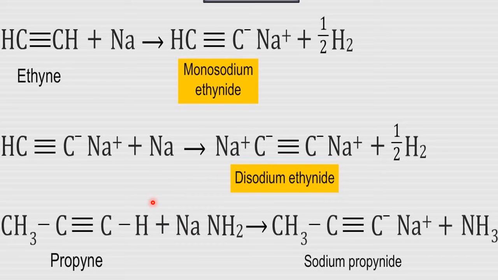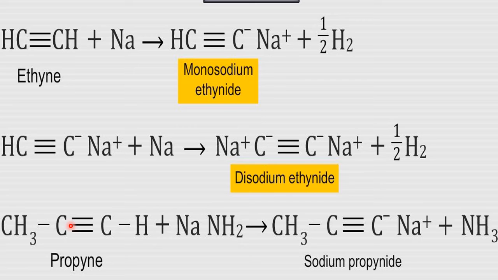But remember, when you compare propyne with ethyne, which is more acidic? This is more acidic. Why? Because this has to pull electrons, but this chain is electron donating, so the pull is not that much.